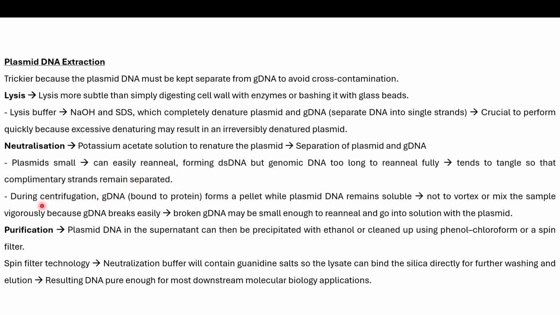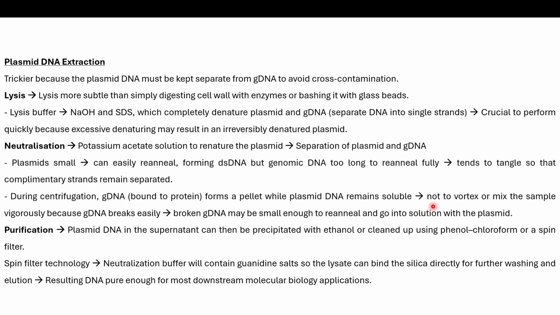Now after every step, there's centrifugation. After neutralization also, you have to centrifuge, wherein genomic DNA, which is bound to proteins, will come in the pellet, while plasmid DNA, which has renatured and reannealed to form double-stranded DNA, remains soluble.